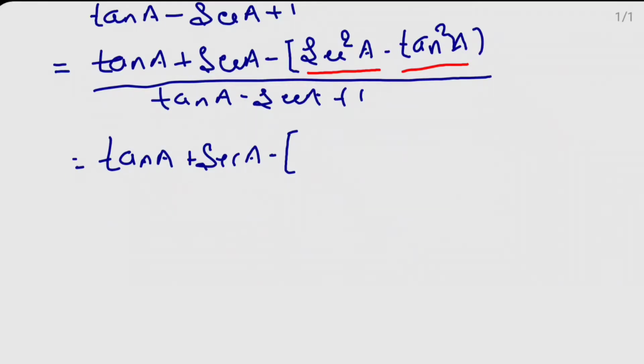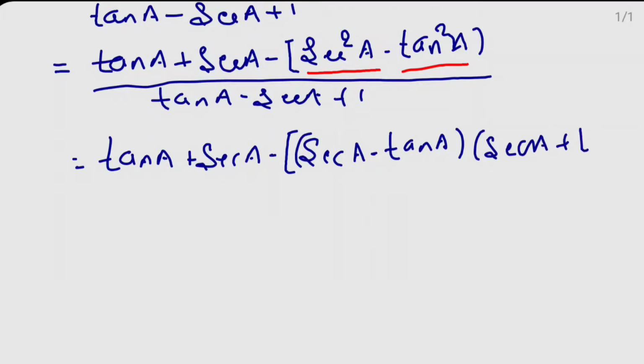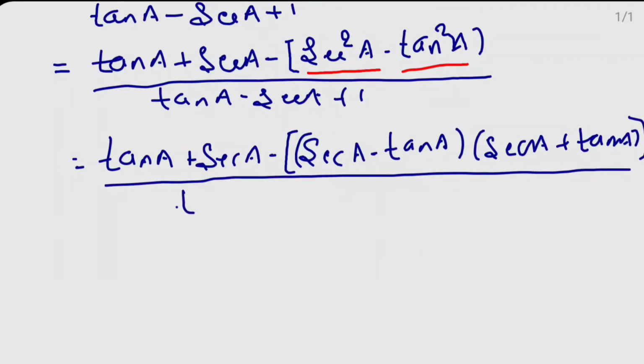So now here we got sec a minus tan a, and a plus b, sec a plus tan a, and this divided by tan a minus sec a plus 1 as it is.